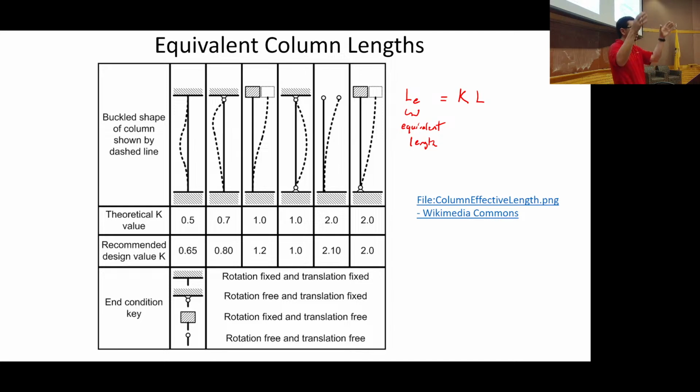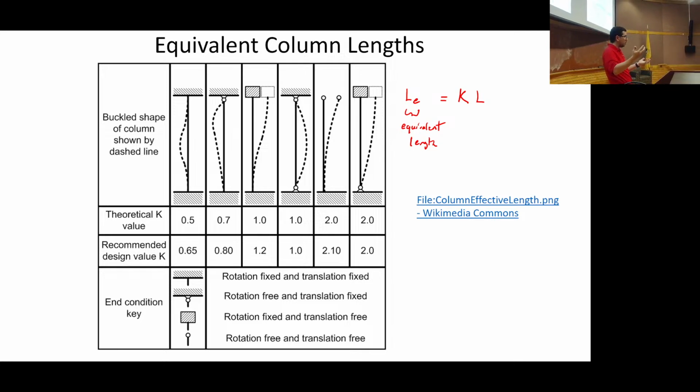So now you build a whole frame around this beam, so that it can rotate and translate downward, but it's not going to be able to translate this way or this way. Do you think the critical buckling force is going to go up? Yeah.